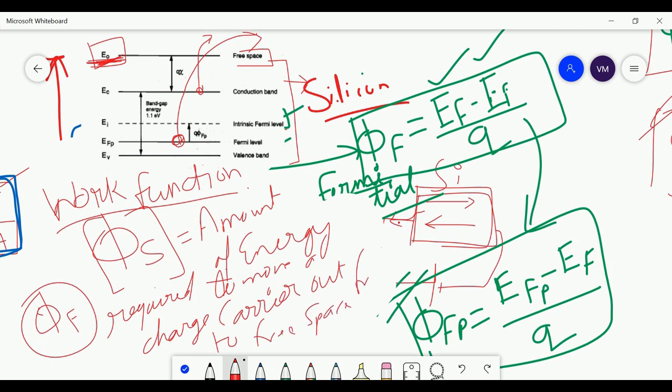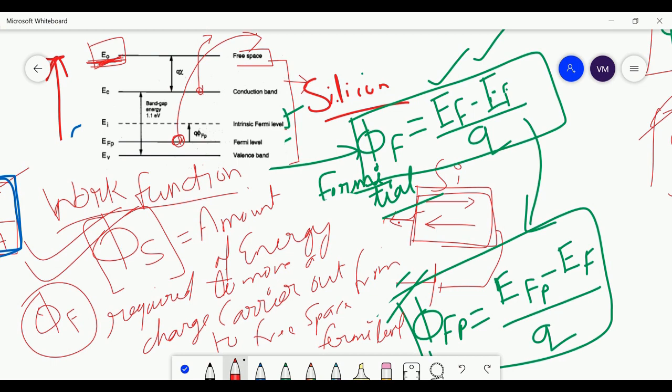From the Fermi level. Please remember this. This is one of the important things which you need to remember. This is known as work function. And similarly, there is a work function of metal also, because some energy needs to be given to the metal so that it could conduct.